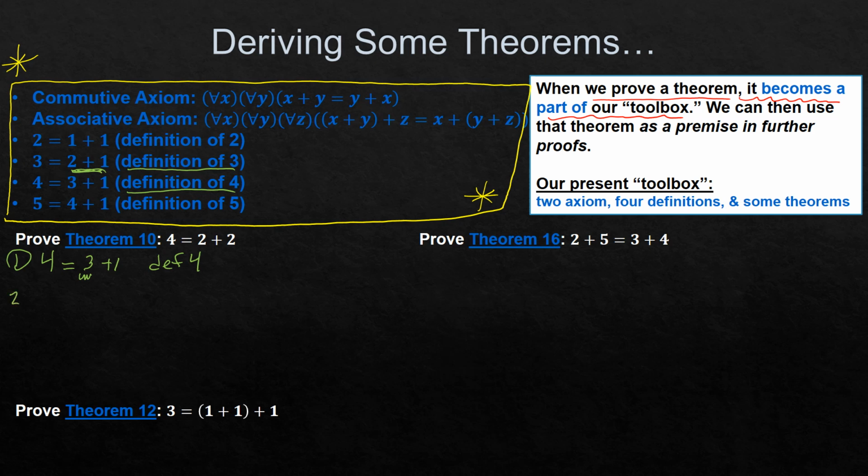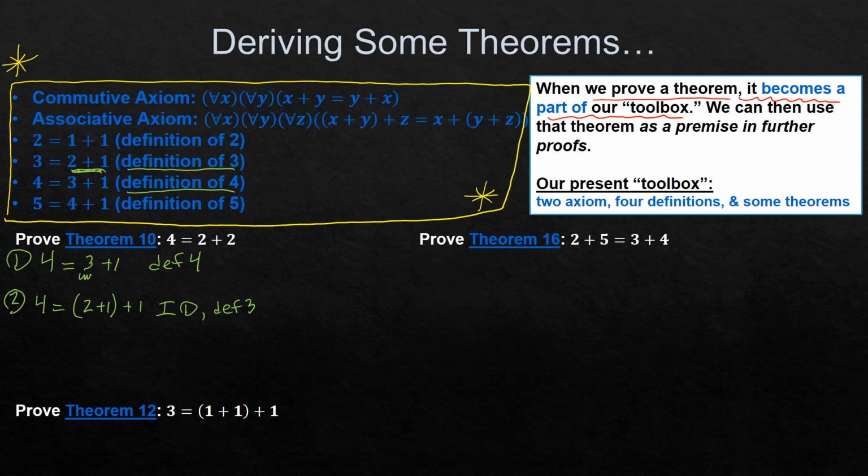Hence for line 2, we'll say that 4 is equal to parentheses 2 plus 1, close parentheses, plus 1, by the use of the identity rule with line 1, which is the definition of 4, and with the definition of 3. So oftentimes we're going to be substituting and we're going to be rearranging.